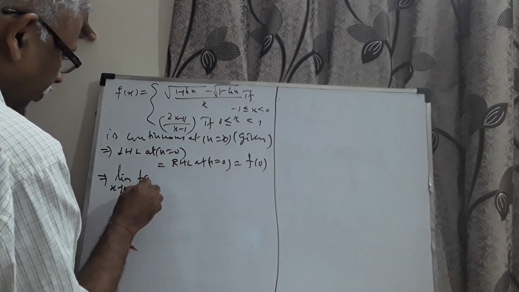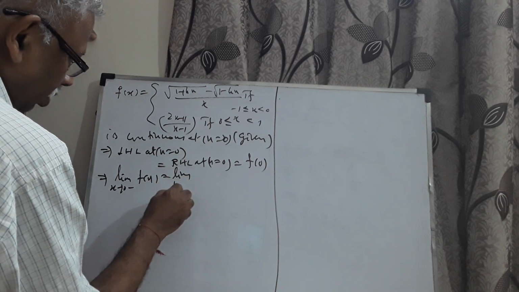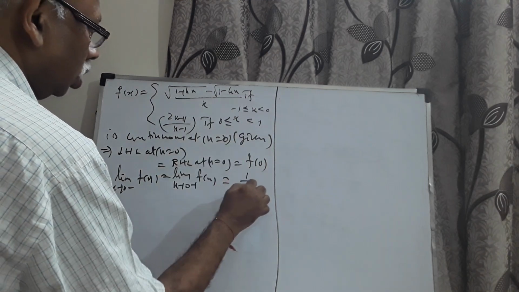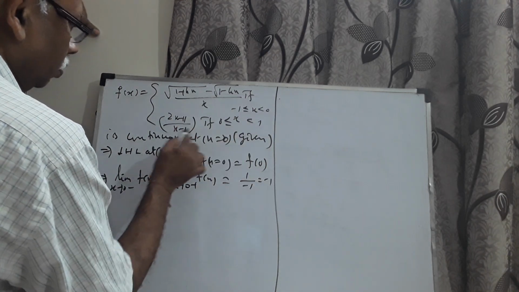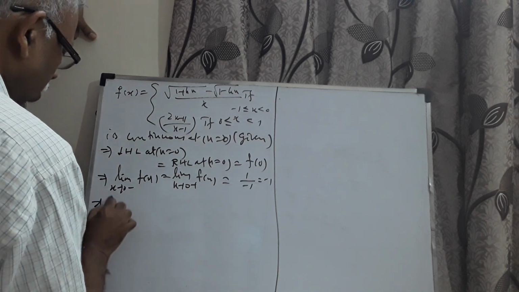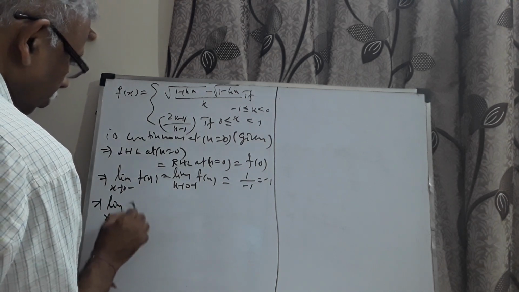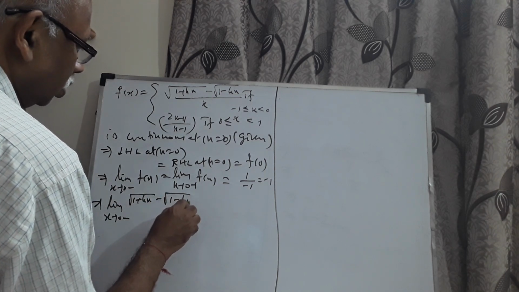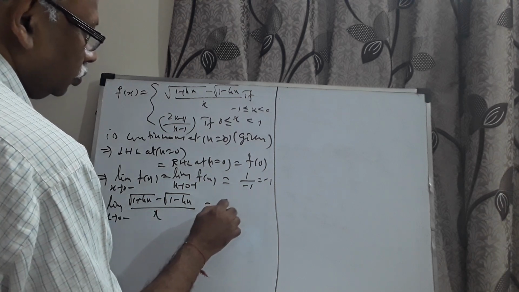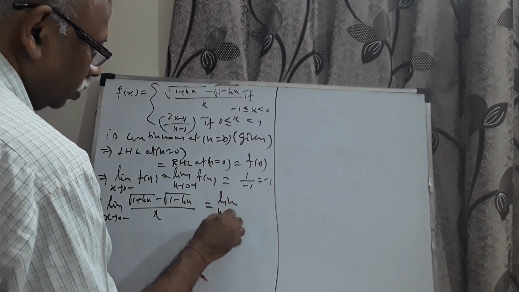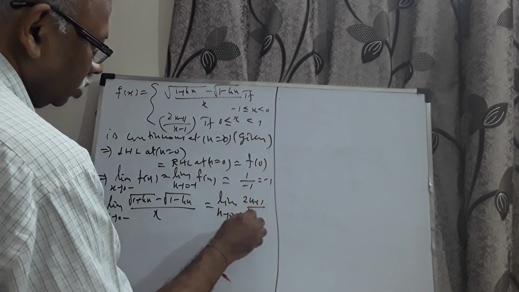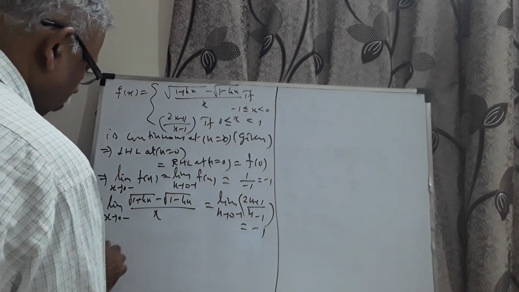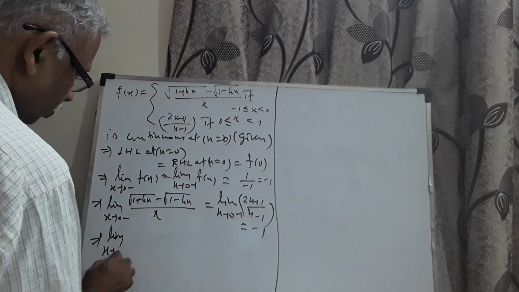The limit as x tends to 0 minus of f(x) is equal to the limit as x tends to 0 plus of f(x), which is equal to f(0), which is (0 + 1)/(0 − 1) = −1. This implies the limit as x tends to 0 minus of (√(1 + kx) − √(1 − kx))/x equals the limit as x tends to 0 plus of (2x + 1)/(x − 1). Above 0, the function is defined like this.